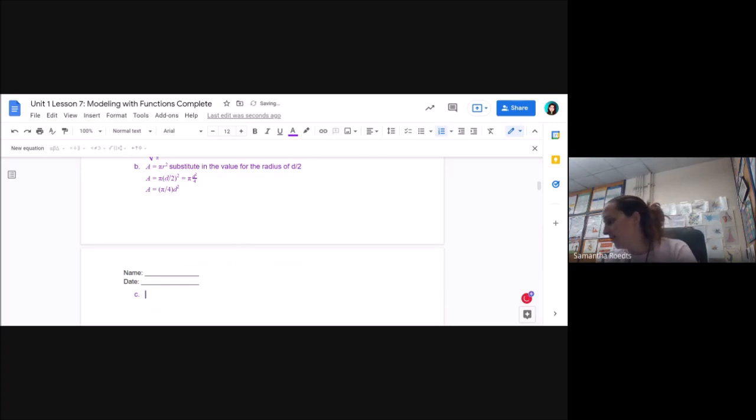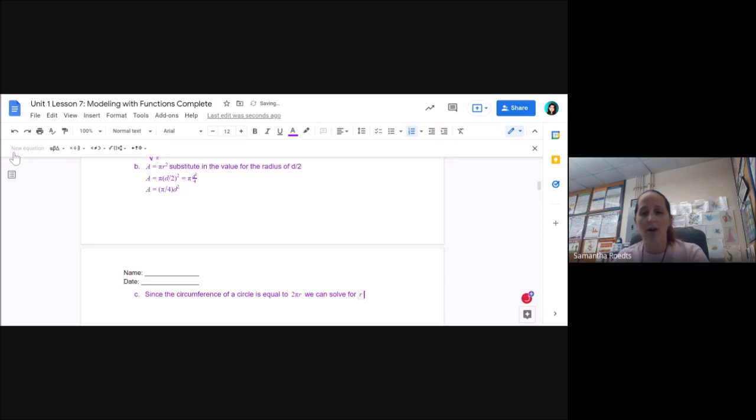All right, for C, I'm looking for the circumference. So since the circumference of a circle is equal to 2 pi r, we can solve for r. So we can plug it into our area formula. Okay.